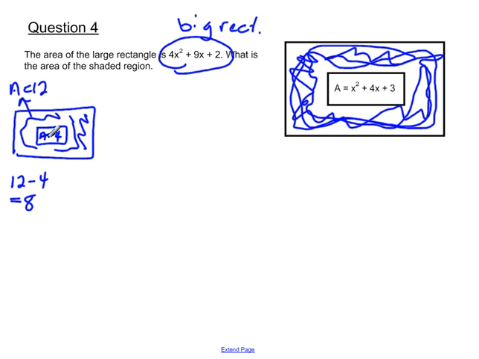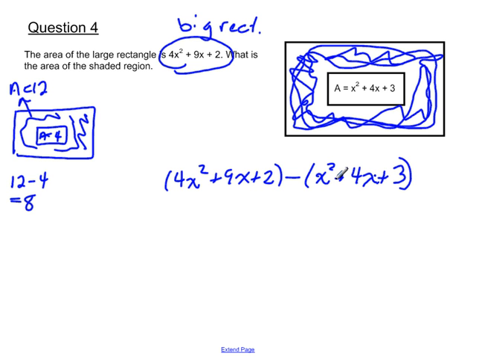We're going to do the exact same thing here. We're going to do the big, 4x squared plus 9x plus 2, minus the small, x squared plus 4x plus 3. And again, be really careful here. Because we're subtracting expressions, we have to use brackets.